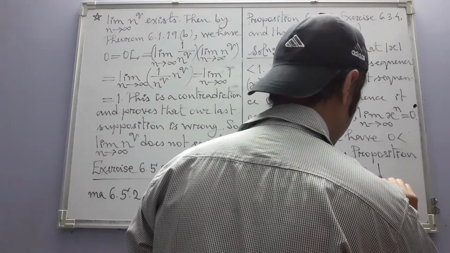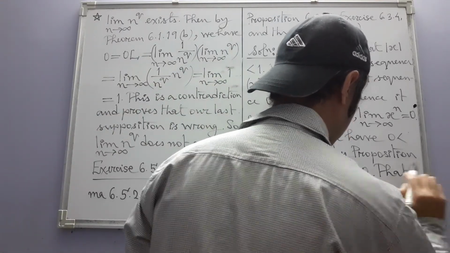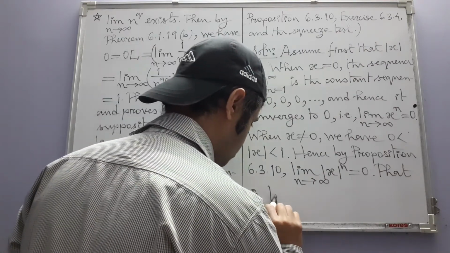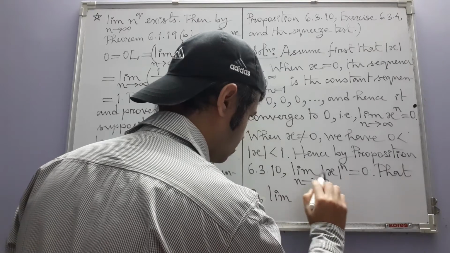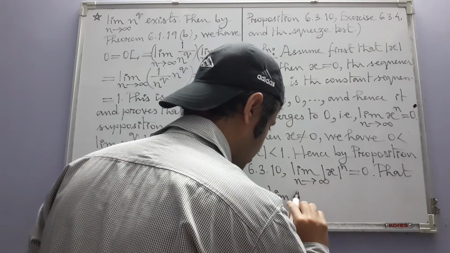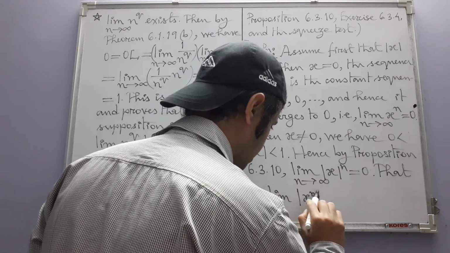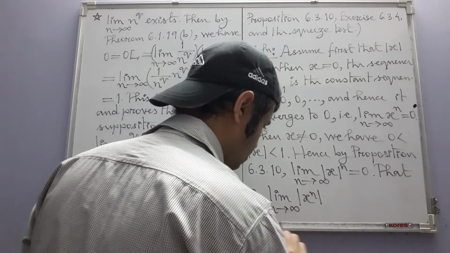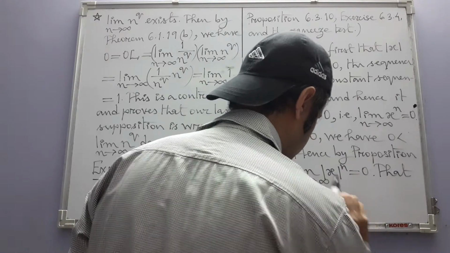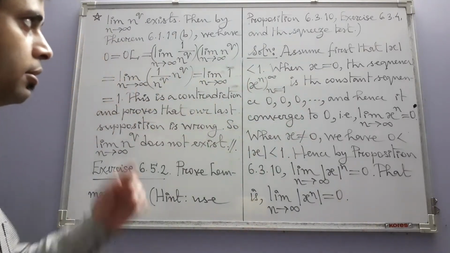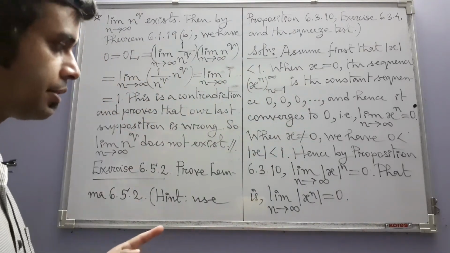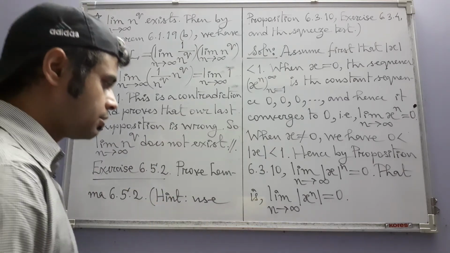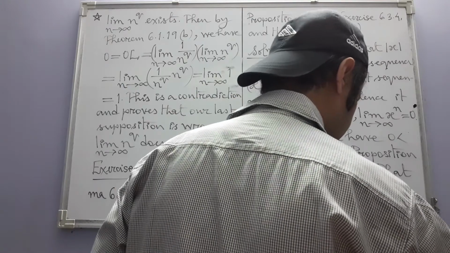That is, but we know that this can also be written as the absolute value of x to the power n. This thing is equal to 0. So by not the squeeze test, but by the zero test for sequences, let us recall what the zero test was.